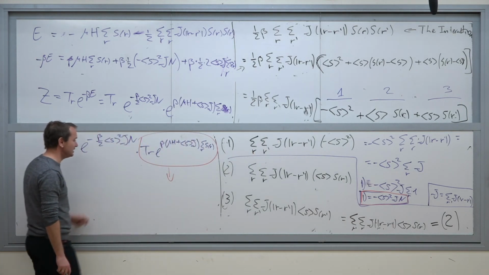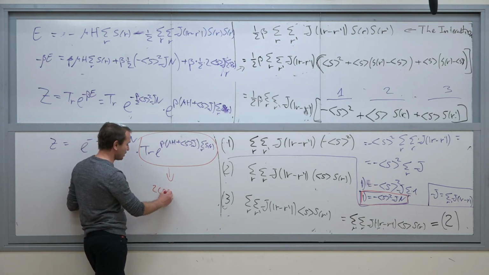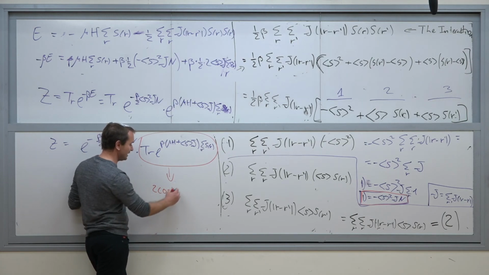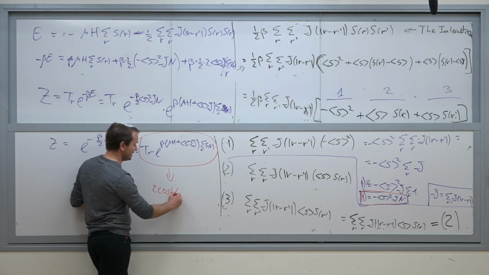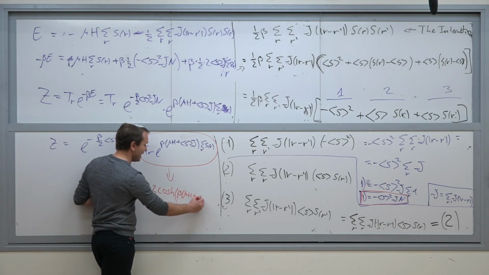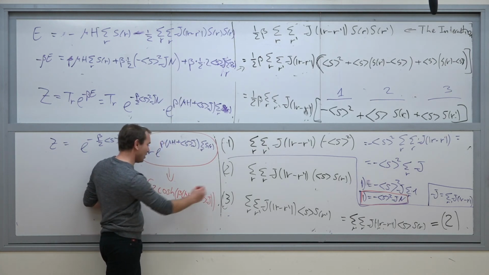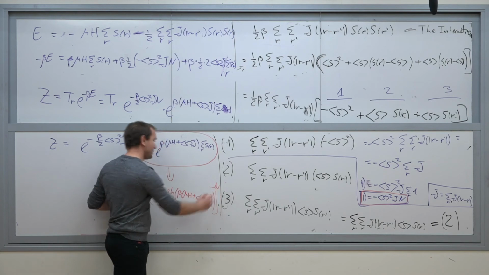What is this guy? It is 2 hyperbolic cosine of whatever is inside, which is beta mu h plus average s j, to the power of n.